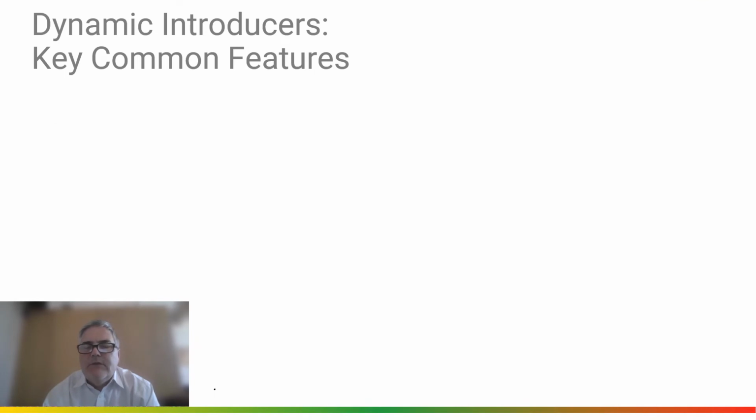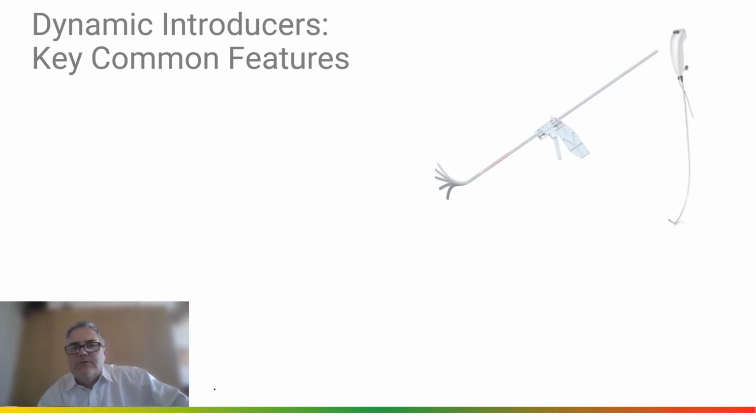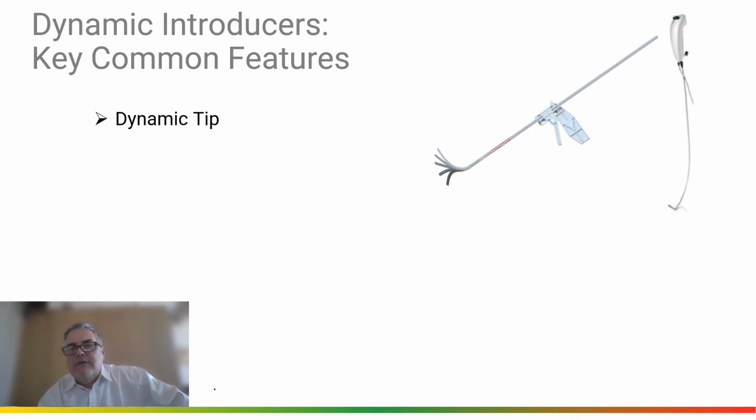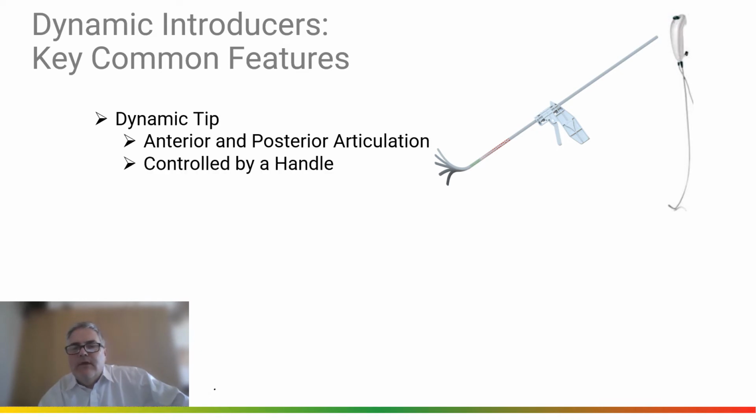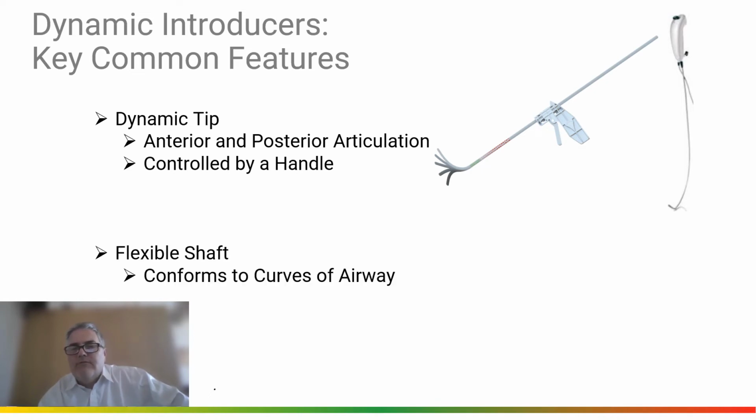So, dynamic introducer common features, whether it's a fiber optic scope or a purpose-built dynamic introducer: they must have a dynamic tip with full anterior and posterior articulation capabilities. It needs to be controlled by a handle, with a flexible shaft that allows conformation to the curves of the airway.